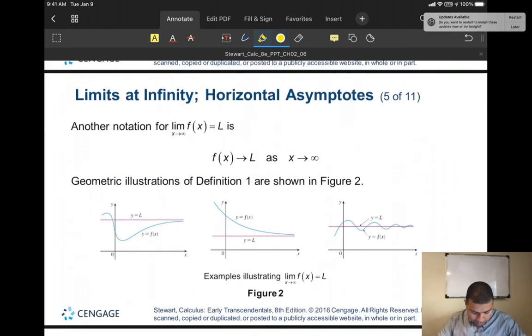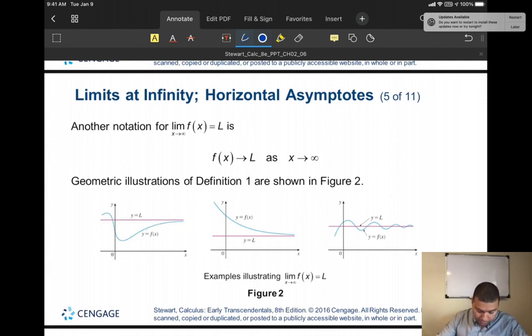So here's a couple of graphs exemplifying that it doesn't have to work just like it worked in the previous example. Here, for example, we saw f of x approaching 1 as x gets larger and larger, which is what we saw in the previous example.